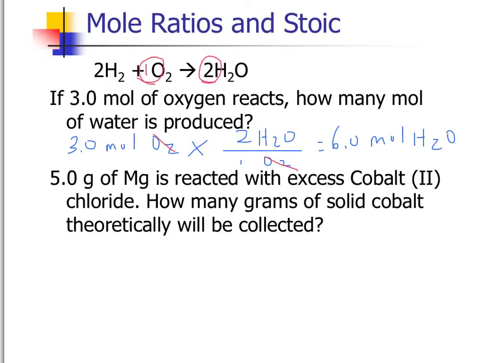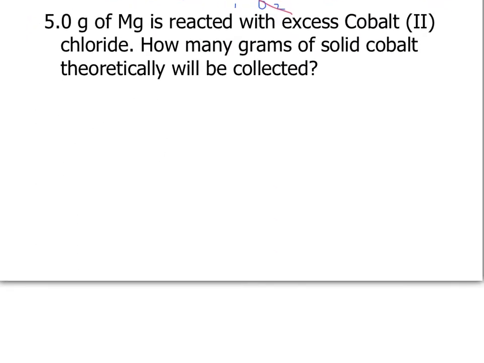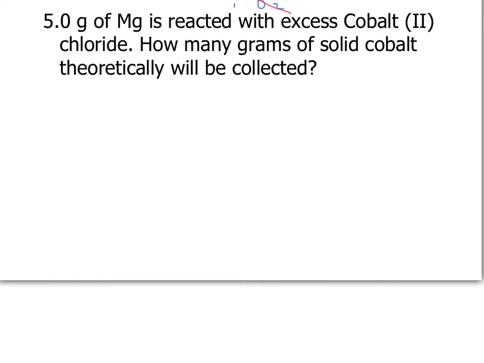So now for a full stoich problem. You always want to start with a balanced chemical equation. So I'm going to be reacting magnesium with excess cobalt 2 chloride. First step, change those names into formulas. Cobalt's got a 2 plus and chlorine's got a 1 minus.